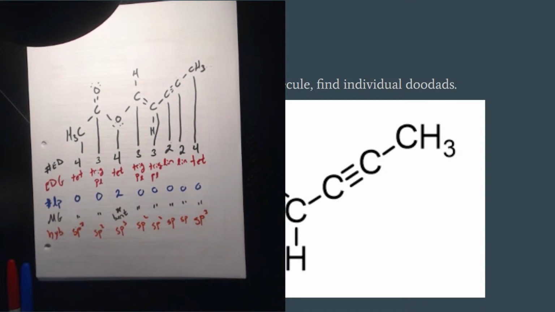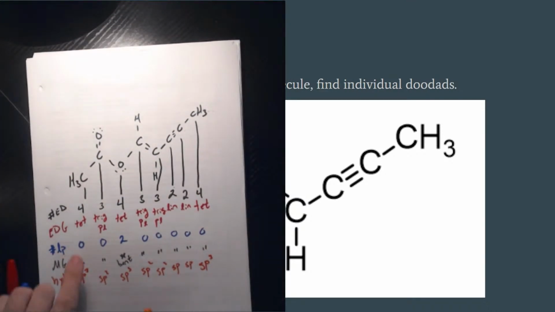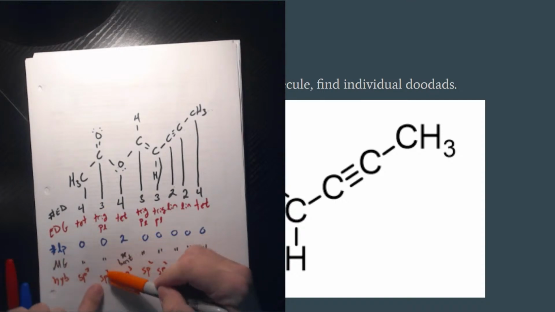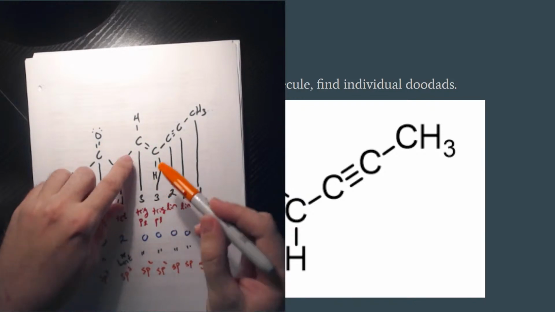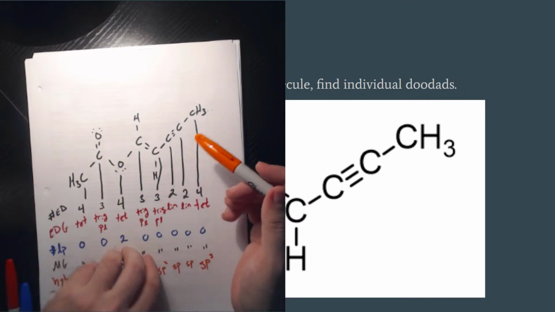And note that in terms of pi bonds, having 3 domains, 3 orbitals, we have a p orbital left over for this double bond. Each of these leaves a p orbital unoccupied to make this double bond.